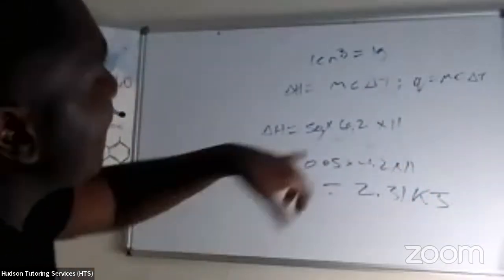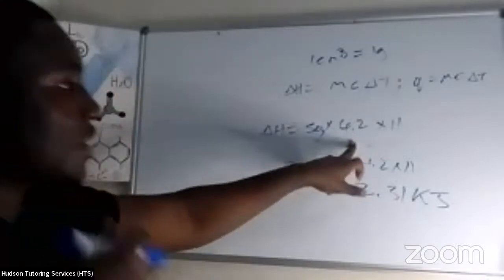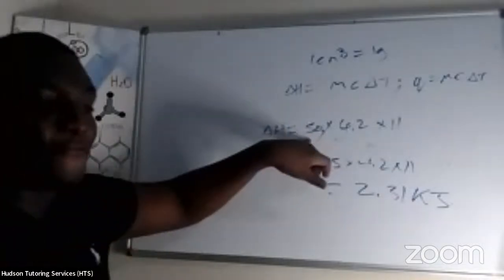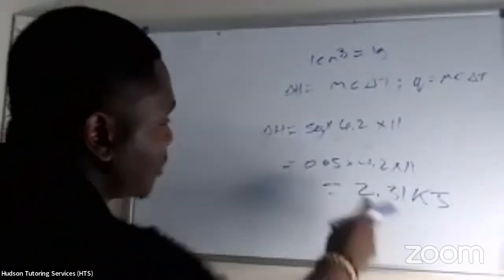However, it's 50 grams, but they gave us 4.2 kilojoules per kilogram per degree C. So we have to convert the 50 grams into kg by dividing by 1,000, and we get 0.05. So it's 0.05 times 4.2 times 11, and we get 2.31. This is energetics, so this is on Module 1, energetics. Everybody get that?